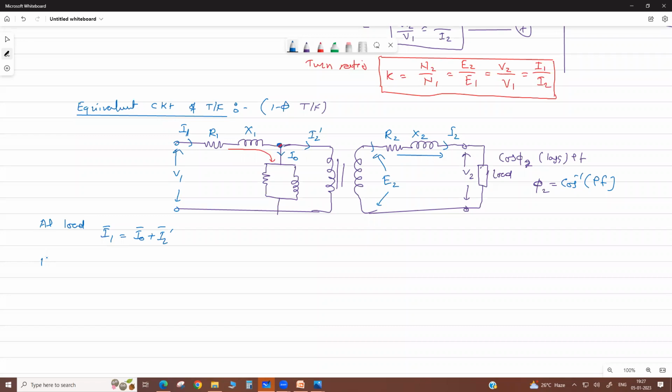At no load, I1 is only equal to I0. Correct, no?